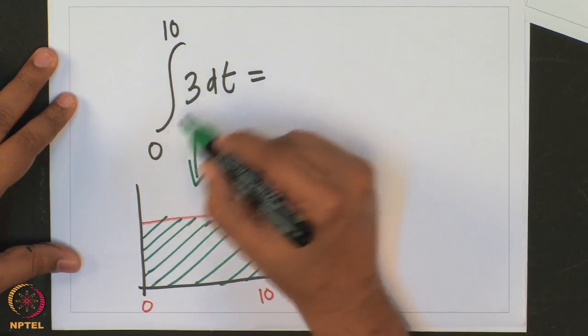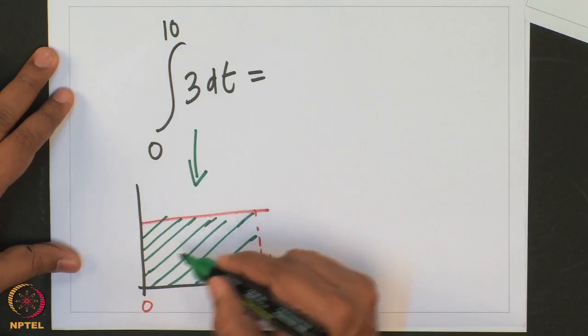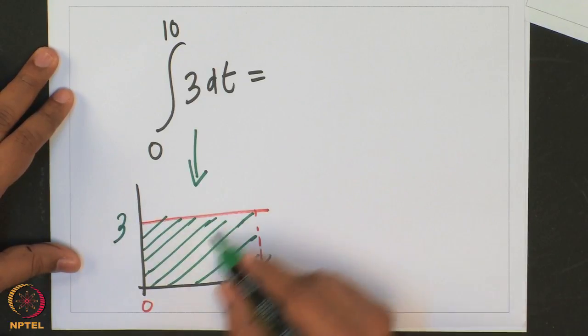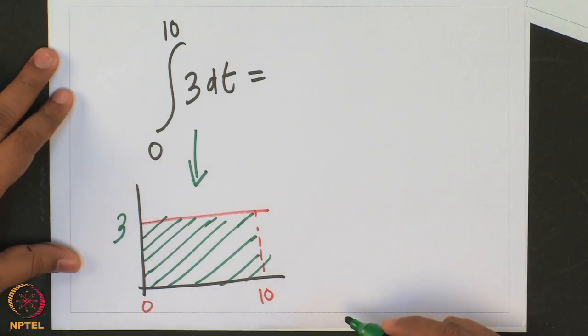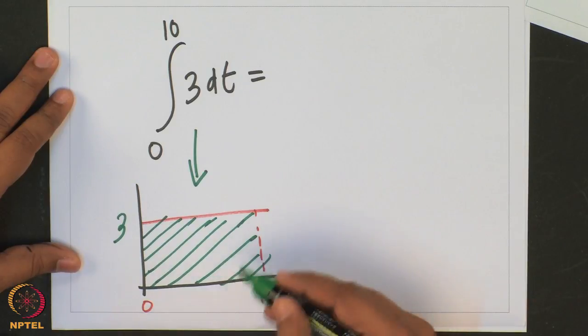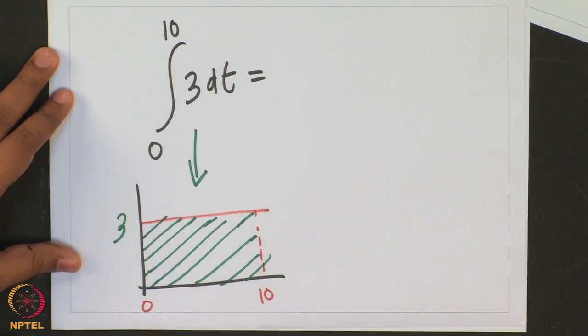So the integral of 3 dt from 0 to 10 is nothing but this area between 0 and 10 with the function being 3. So we know that the answer is 30 because of the area.